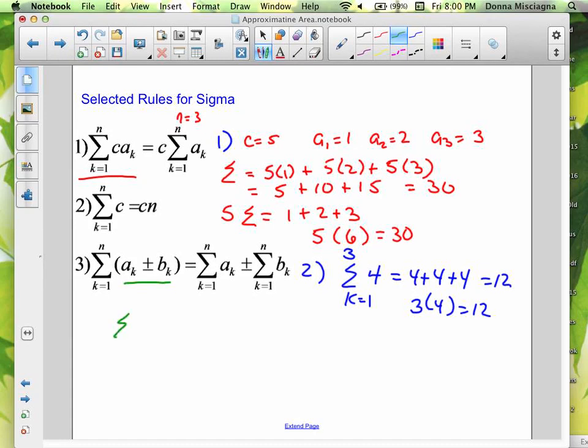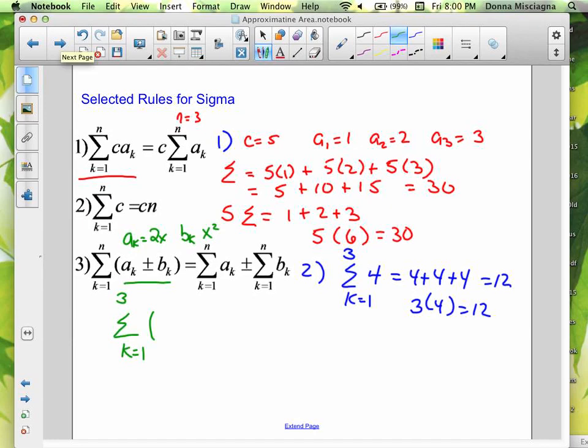So we'll just keep starting off with 1. And let's just say n is 3. We'll make this nice and simple here. So the a subscript k is going to be 2x, and the b subscript k is x squared. All right, so we've got the 3 values there.